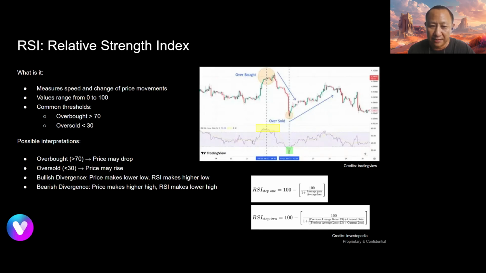Again, there is a secondary way, which is not too common, but usually when the price makes a lower low and the RSI makes a higher low, that is a bullish signal, right? So here, your price is doing a lower low, but your RSI is increasing, right? So that's a signal that it will bounce back.